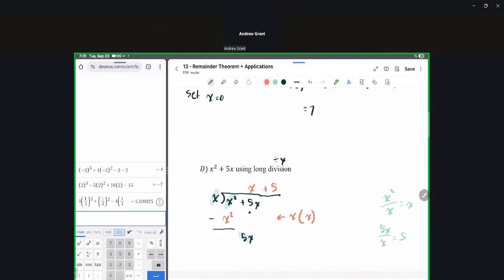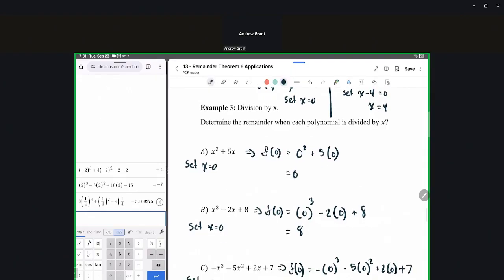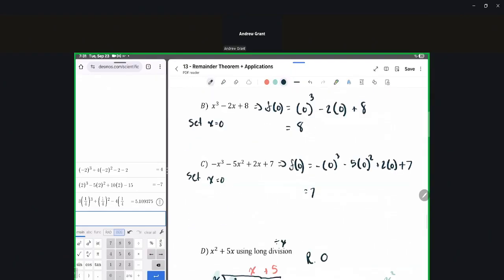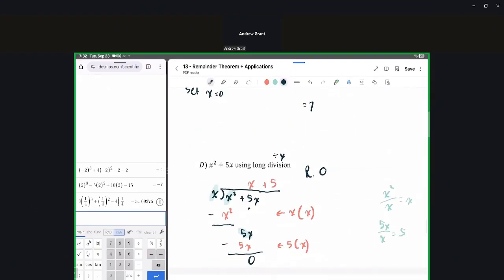On this line, we're going to write 5 multiplied by x, otherwise known as 5x. Subtract it with a remainder of 0, which is the answer we got from above, where f of 0 happened to give us 0. So you can verify this using long division. And in fact, dividing by x is actually way less work than trying to divide by a normal binomial.